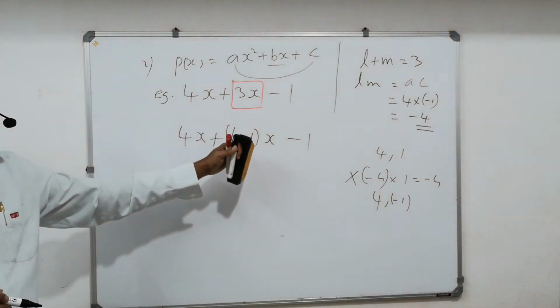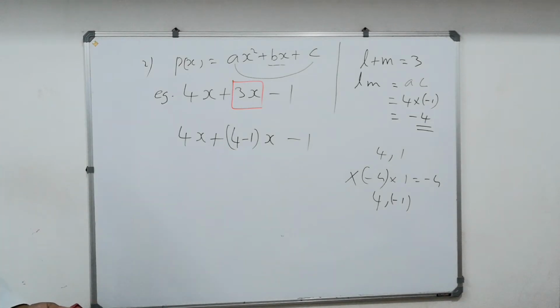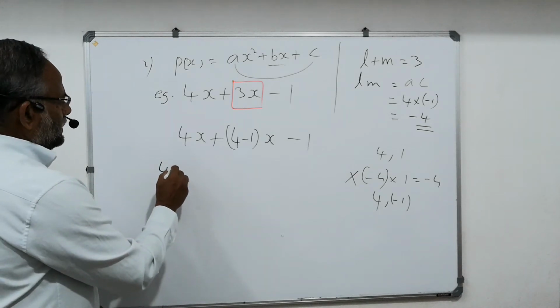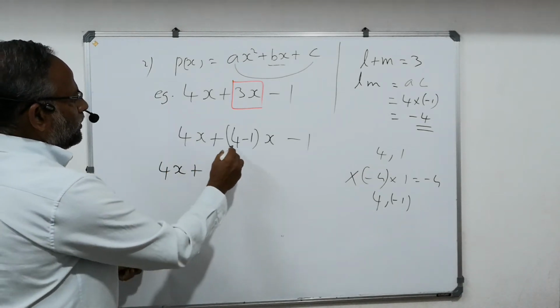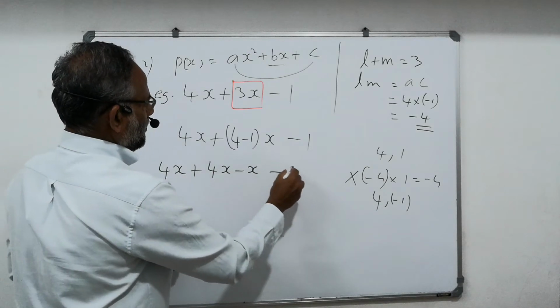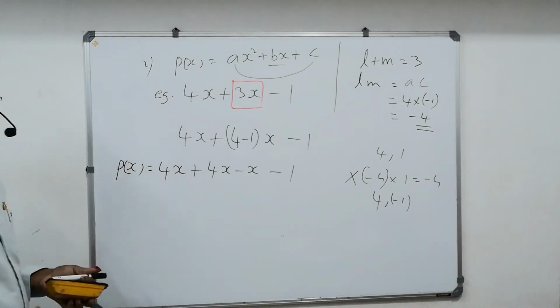So think like this. 4 minus 1, that is 3. Now we can do like this: 4x minus x minus 1. Exactly. This is your polynomial now.